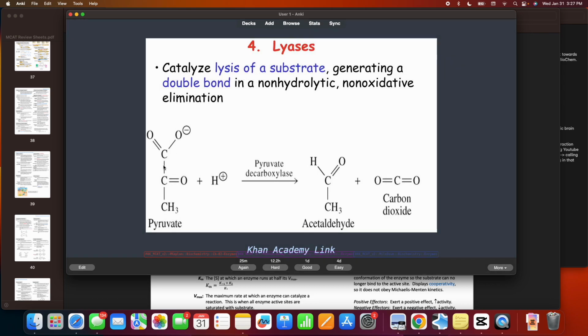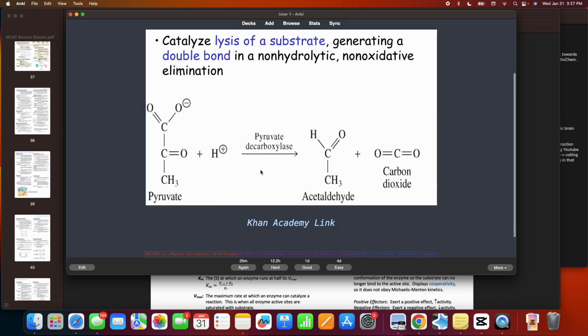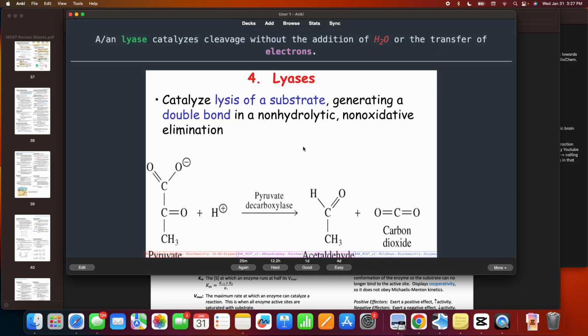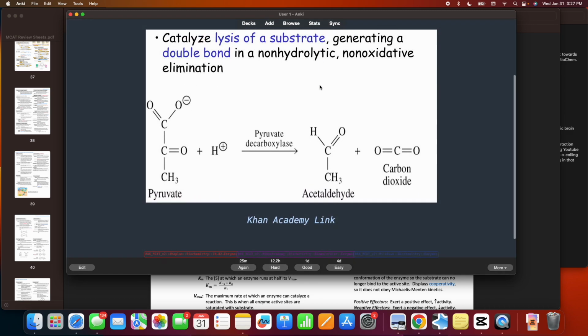So we have pyruvate, and then we have pyruvate decarboxylase, and it just removes a carbon dioxide, the CO2, and remains with acetaldehyde. Acetaldehyde actually has 2 carbons. It catalyzes the cleavage without any addition of water or transferring of electrons.